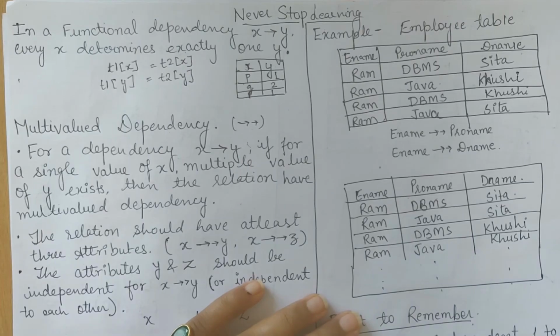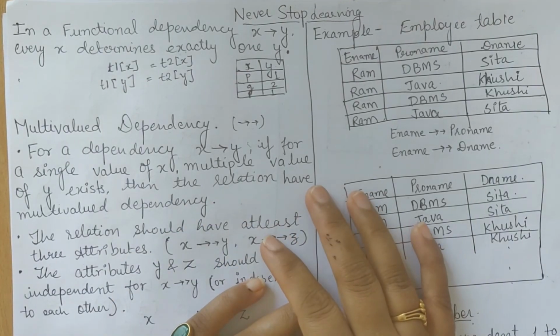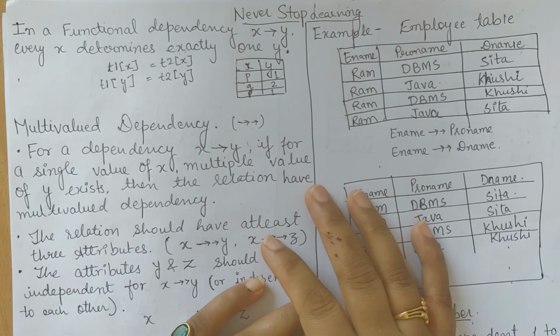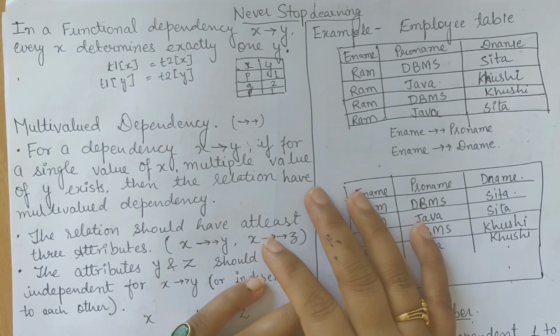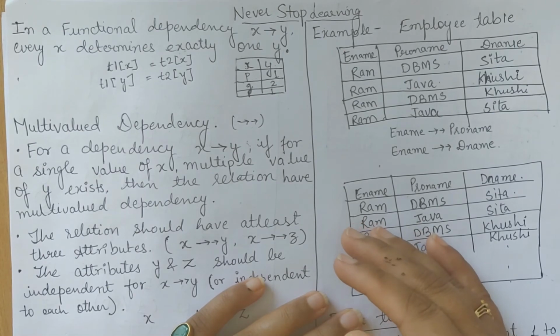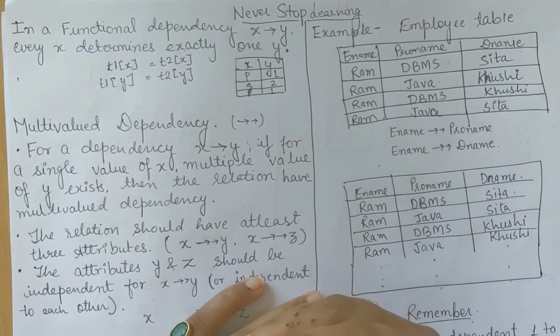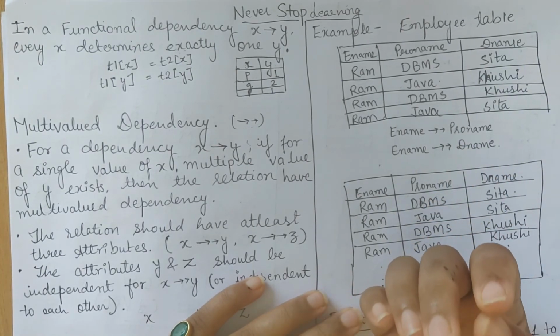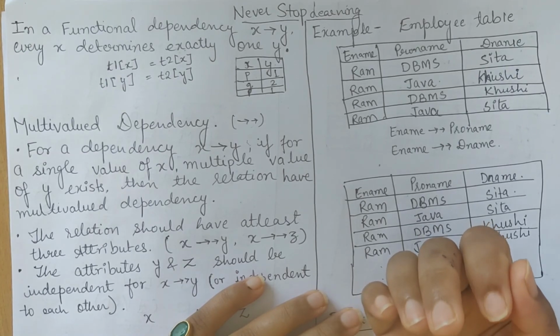Fine. So this was multi-valued dependency. And always remember students, multi-valued dependency always leads to a bad database design. So we cannot allow multi-valued dependency in our relation or table. We have already studied first NF, second NF, third NF and BCNF, where we dealt with atomicity, then partial dependency, then transitive dependency.